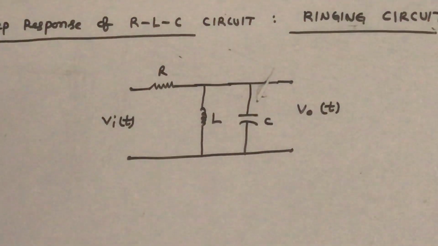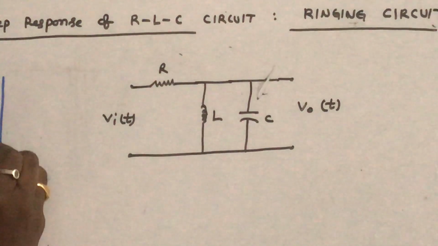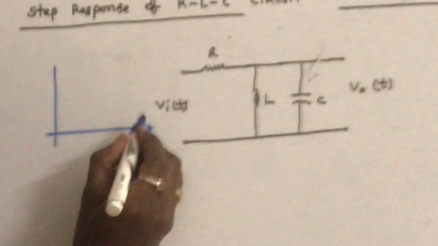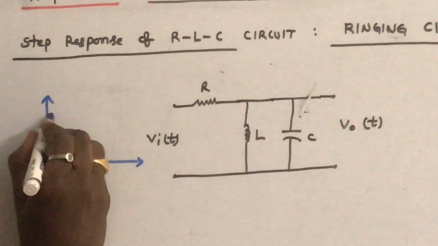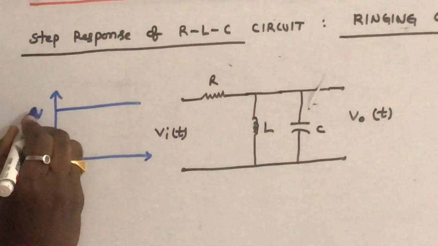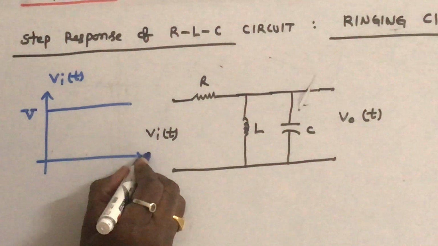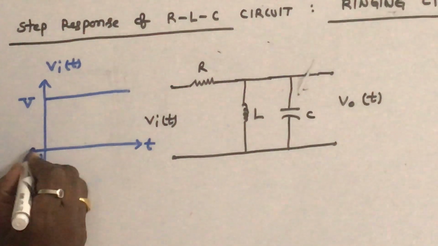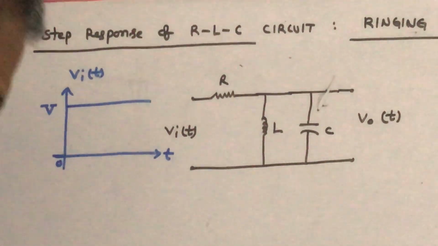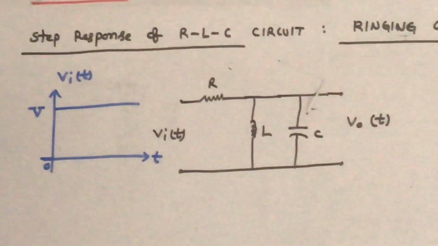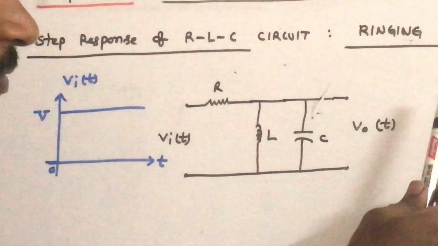For this circuit we are applying a step input. So the step voltage amplitude is V. This is Vi of t, input voltage versus t.